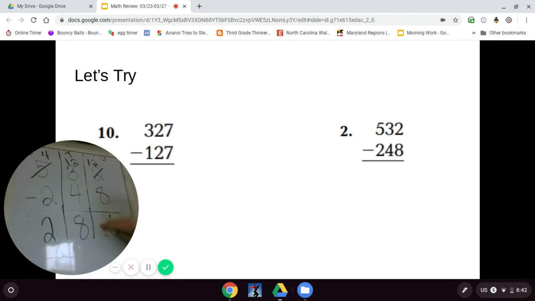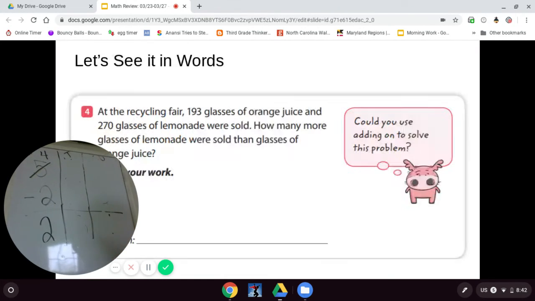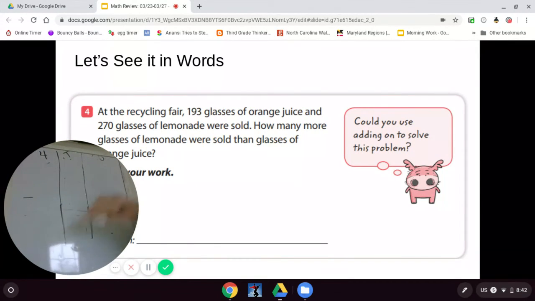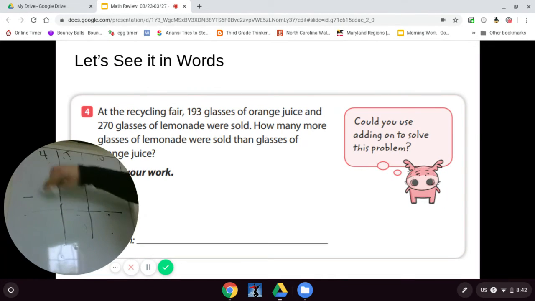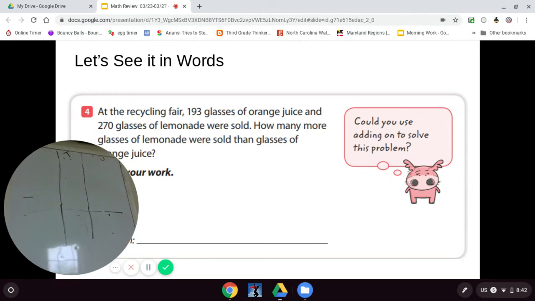Nice job. So let's practice one more where we're definitely going to see regrouping. This time we're going to do it in word problem format. I'll change the slide there. Just like yesterday, we'll always try to incorporate at least one word problem.